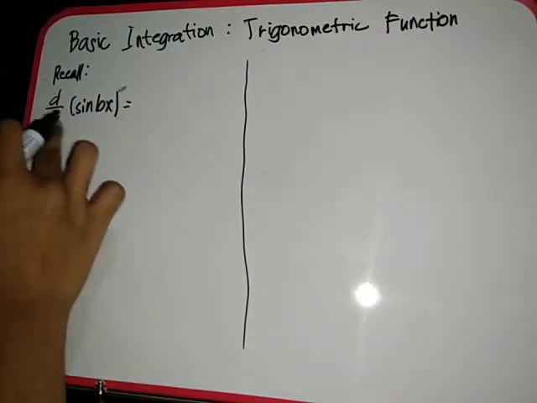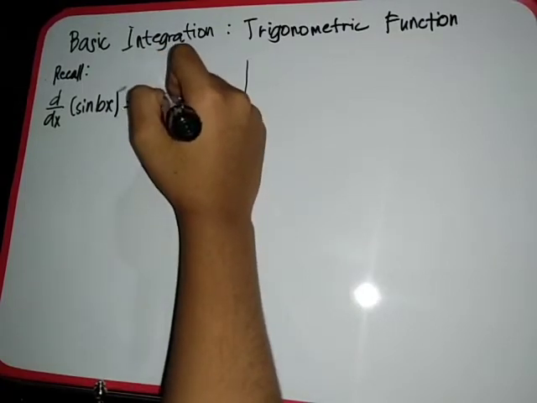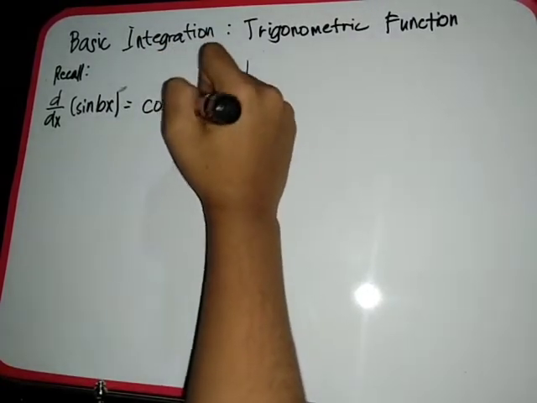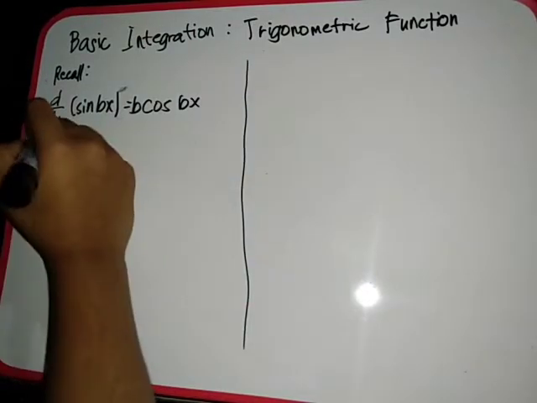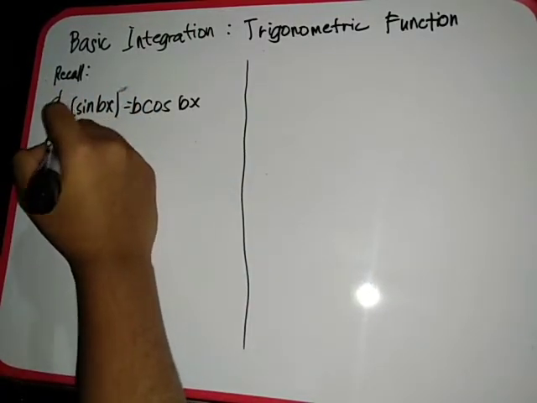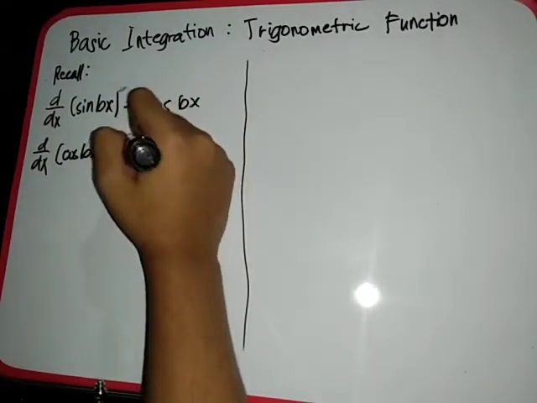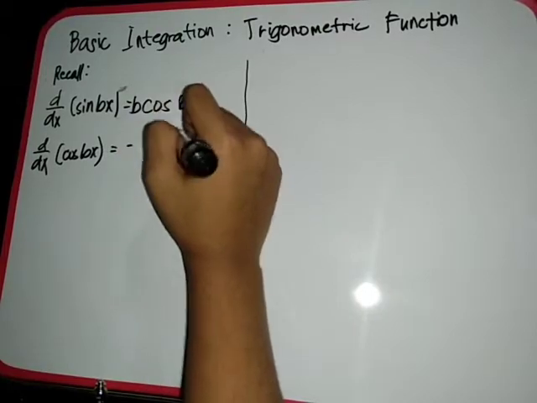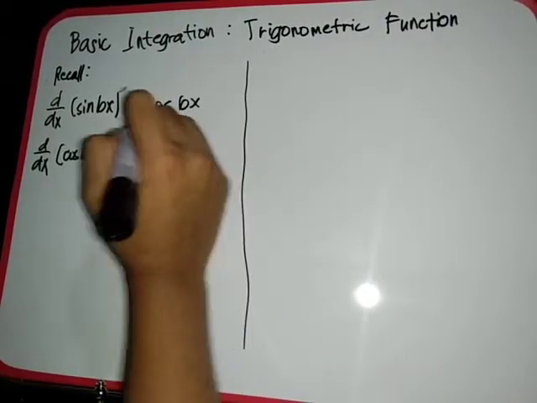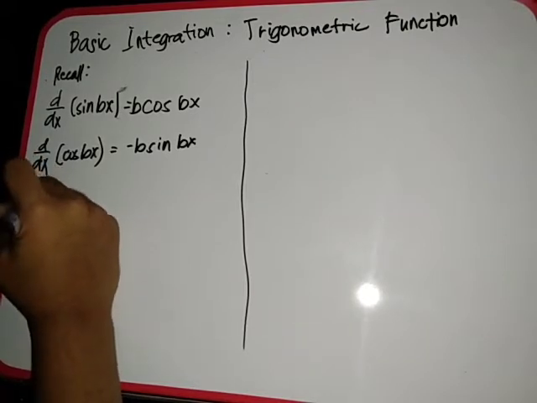The derivative of sine bx is cosine bx multiplied by b, and then the derivative of cosine bx is negative sine bx multiplied by b.